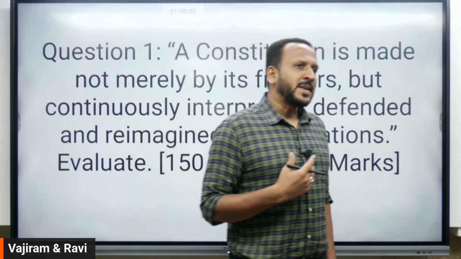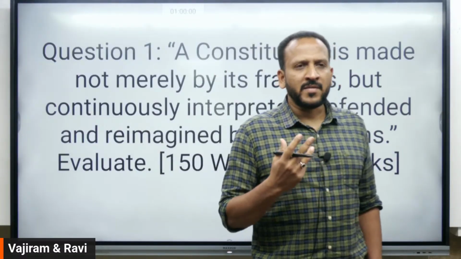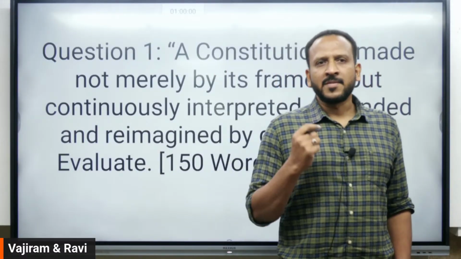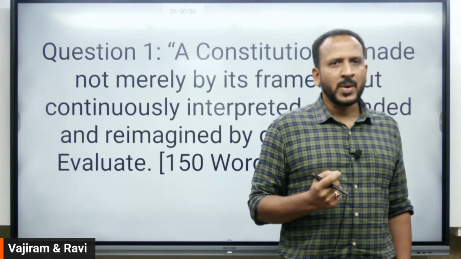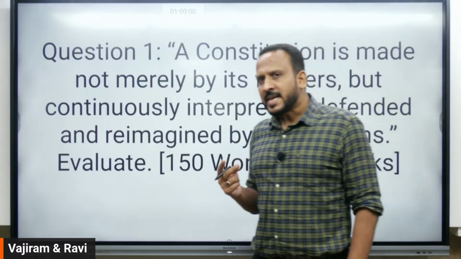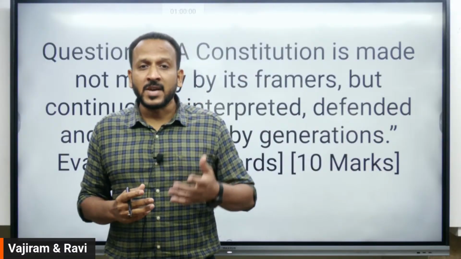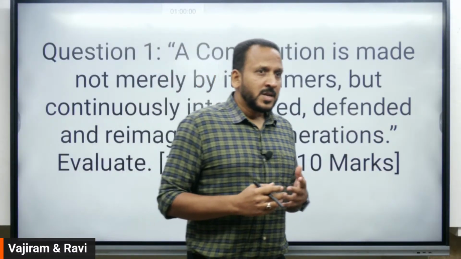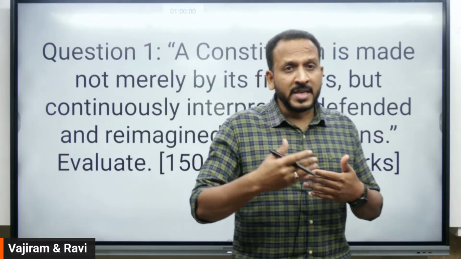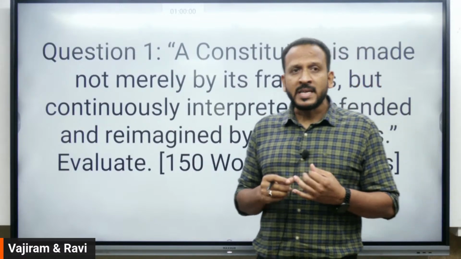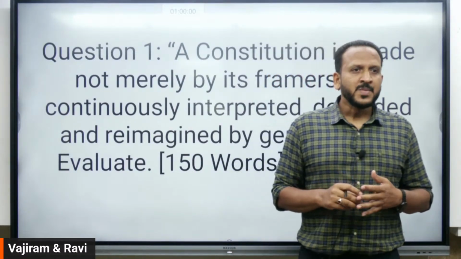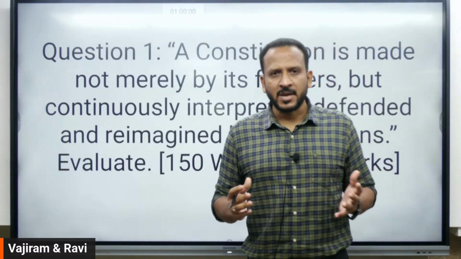So whenever we read the question, there are three things on which we should be focusing. The first is the tail word in the question. The second is the statement of the question. The third is the keyword of the question, right? Based on these three, tail word, statement, and keywords, we are going to think about the structuring of the answer.